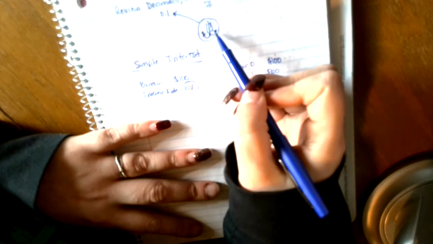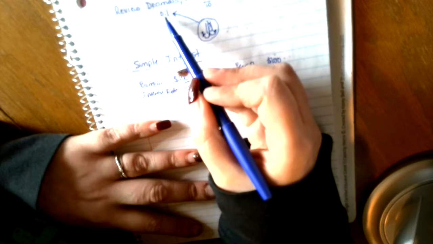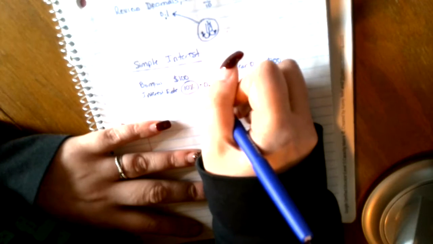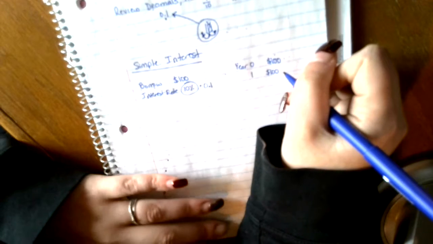Okay, so remember when we moved our decimal point over 2 spots, we saw that the new decimal that we can then multiply by is 0.1. So equals 0.1.